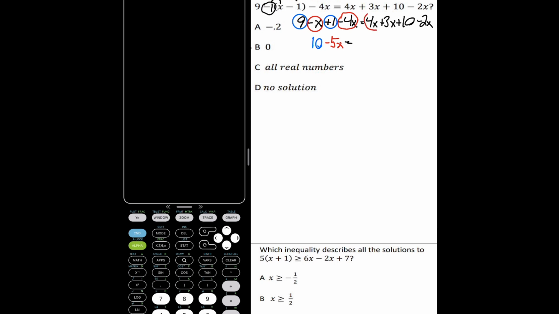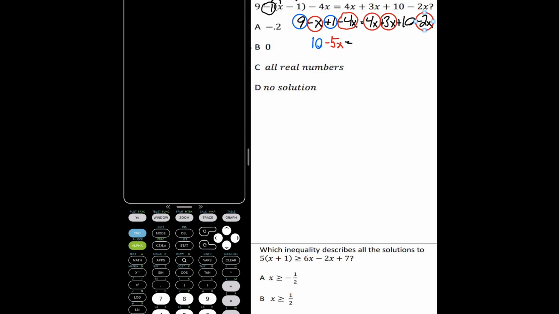So I have a 4x, I have a 3x, and I have a -2x. And again, if you want to use your calculator when you're adding up a bunch of numbers with different signs, 4 plus 3 minus 2, enter, is going to be 5.